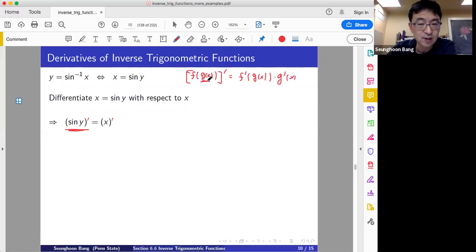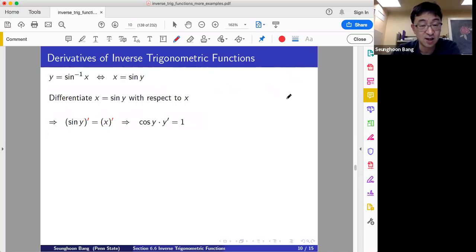What is g of x here? g of x is y. Yes, so the derivative of sine of y is cosine of y times y prime. You can use the chain rule. So you can divide both sides by cosine of y. Next, you can change cosine of y to the x variable. How can you do that? I'm going to use this one.